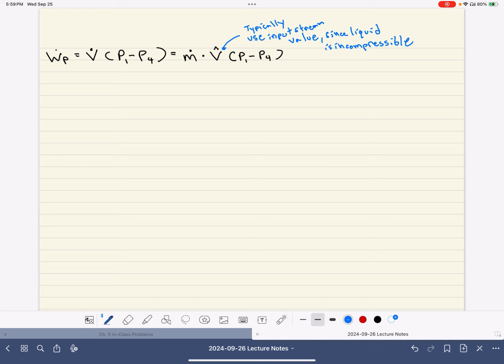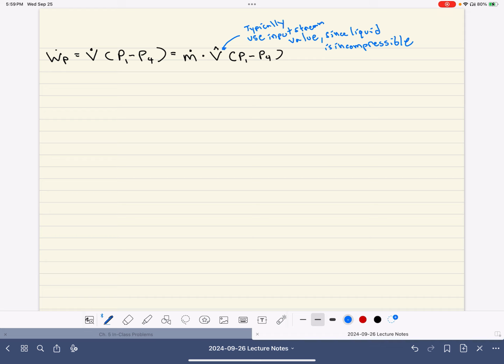If you look in the steam tables even, and you look at the specific volume of the pure saturated liquid at different pressures, the value shouldn't really change that much as you go to different pressures. And so that seems to mean that this assumption is okay. It's going to be a decent approximation.